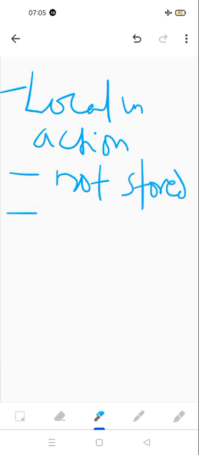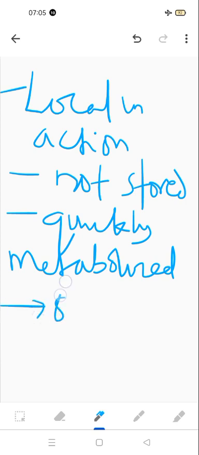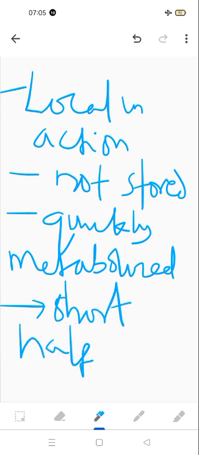They are easily metabolized into inactive products. They are quickly metabolized into inactive products, and they have a short half life. I think that's understandable because they are quickly broken down into inactive products, hence the reason why they've got a short half life.